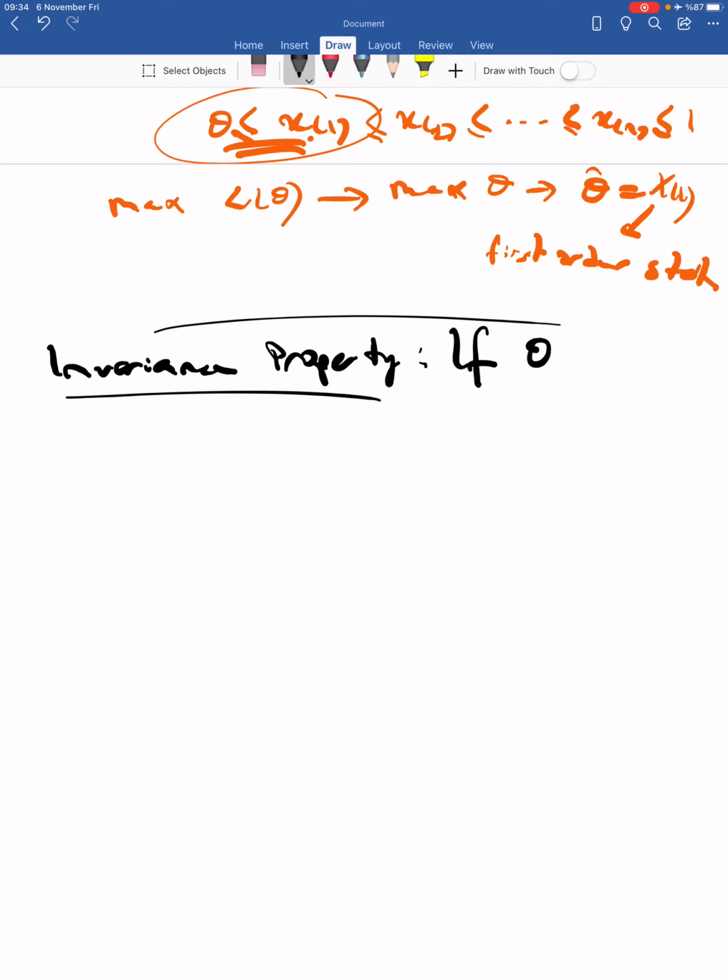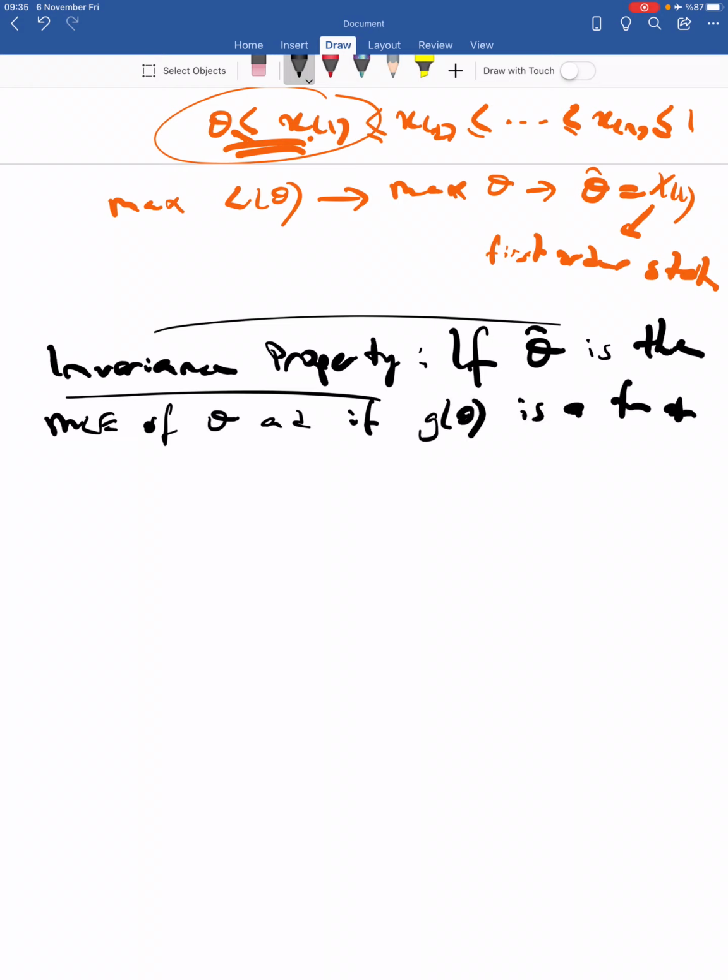If this is the MLE of theta, theta hat, and if g(theta) is a function of theta, then the MLE of g(theta) is g(theta hat).